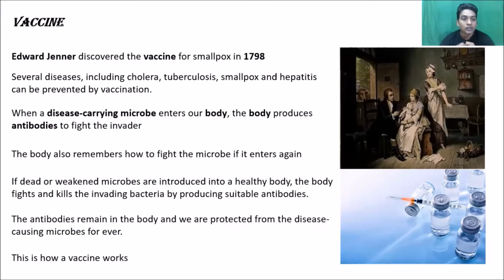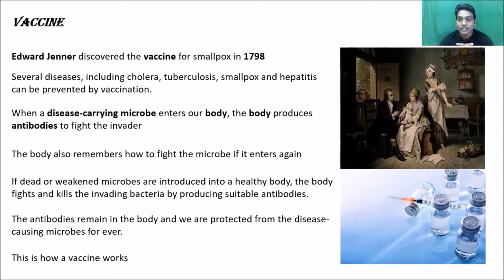And coming to antibodies, how are they produced? When a disease carrying microbe enters our body, the body produces antibodies to fight the invader. Whenever a disease causing microbe enters the body, our body has a separate mechanism to control the invaders.